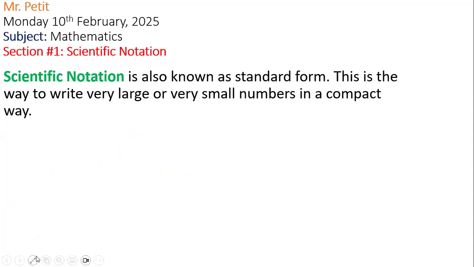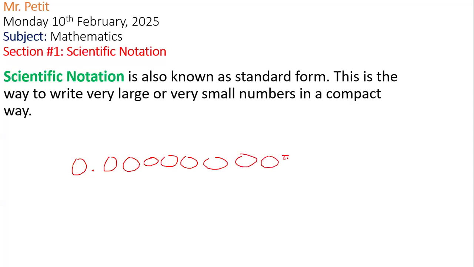We also use scientific notation when we're trying to write a very, very small number, for example 0.000000005789.